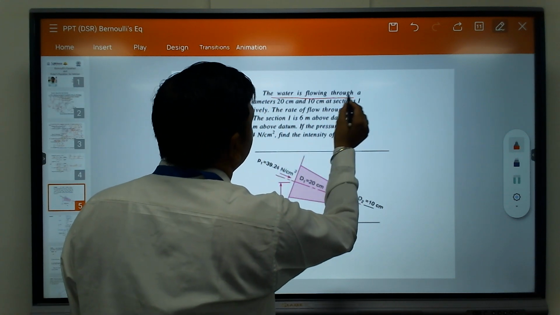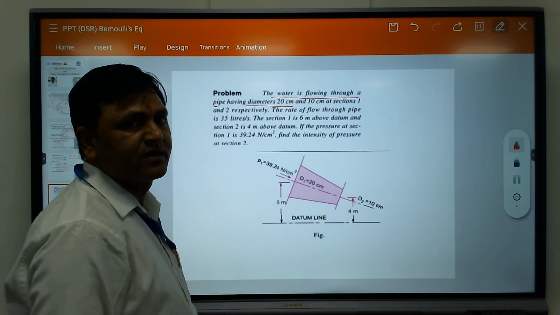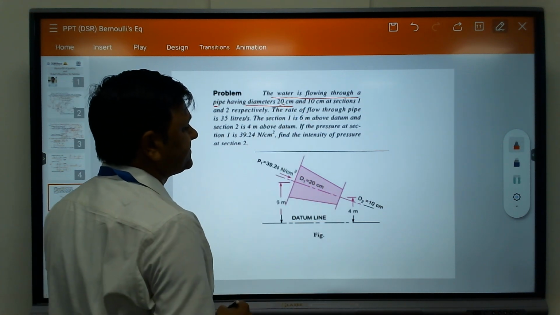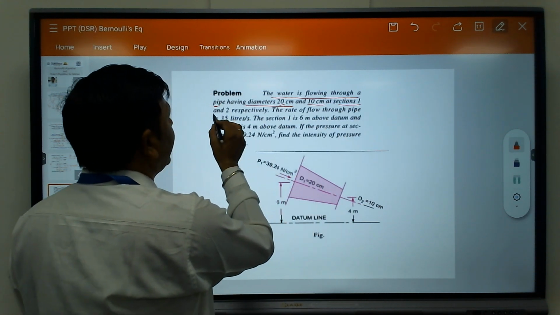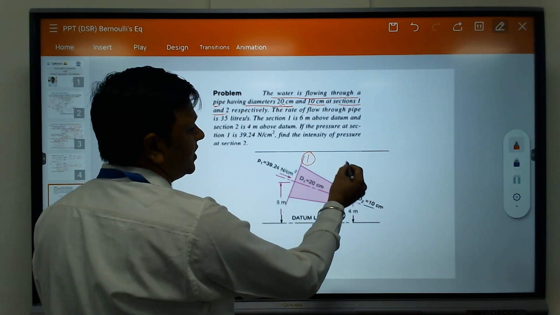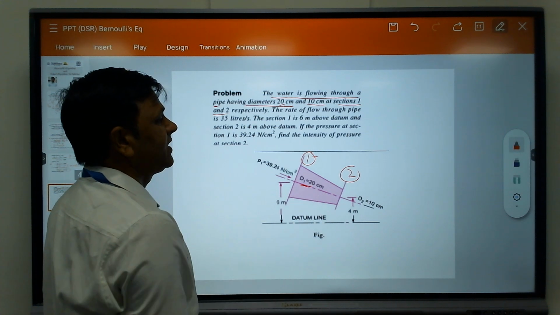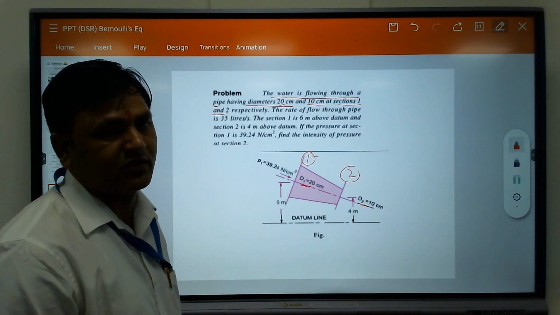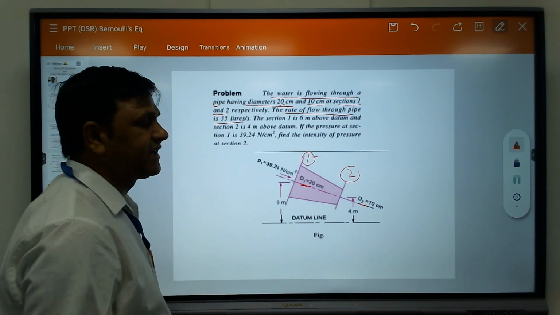Water is flowing through a pipe having diameters 20 centimeter and 10 centimeter at sections 1 and 2 respectively. This is section 1, this is section 2. At section 1 the diameter is 20 centimeter, at section 2 the diameter is 10 centimeter. The rate of flow through the pipe is 35 liters per second.